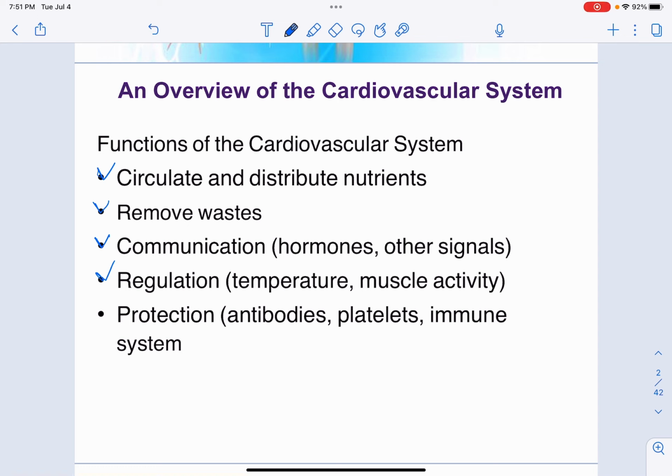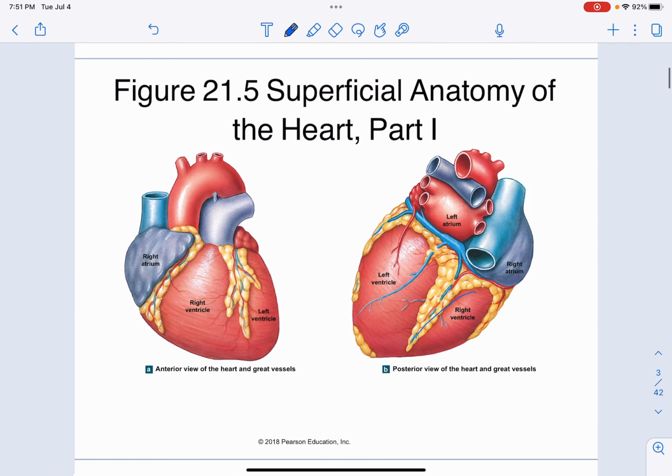All right, so today our focus is going to be on the heart. We will look at circulation in the next lecture, but we are going to talk about the pump. So we have what's called a closed circulatory system, and that means that all of our blood, which includes red blood cells, white blood cells, platelets, and of course the plasma, is all contained within vessels.